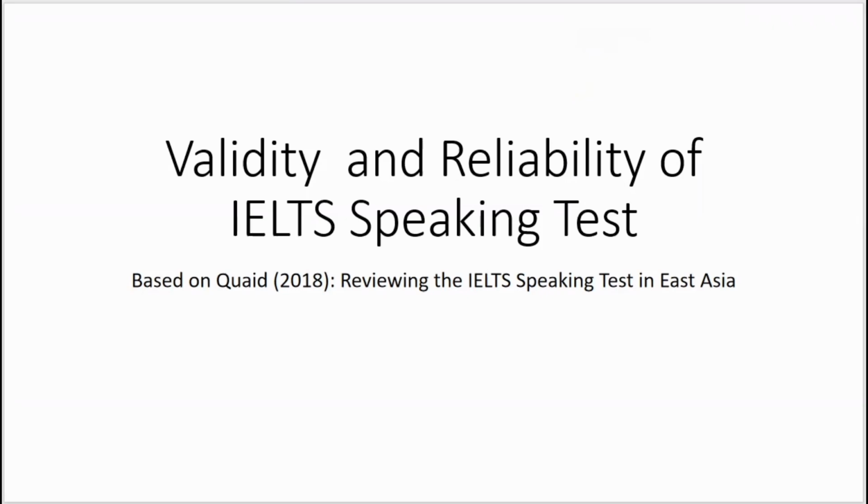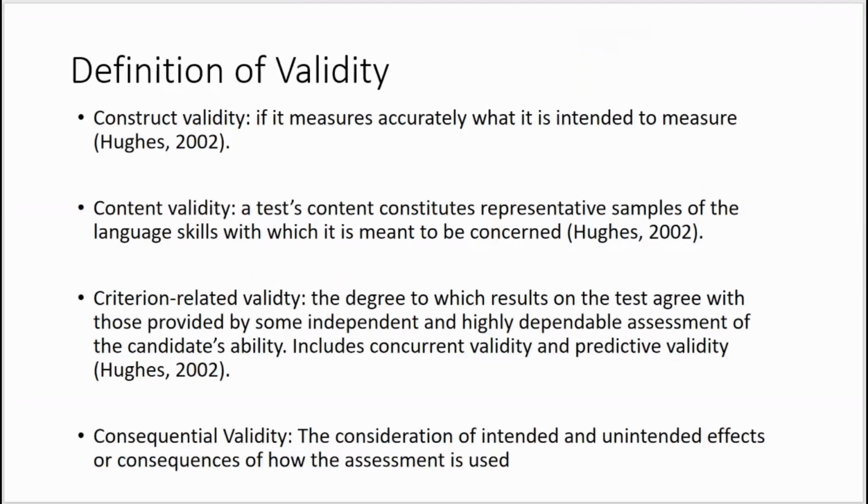While discussing validity, there are different types of validity, which are construct validity, content validity, criterion-related validity and consequential validity.